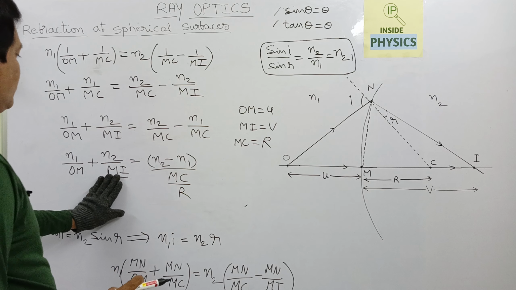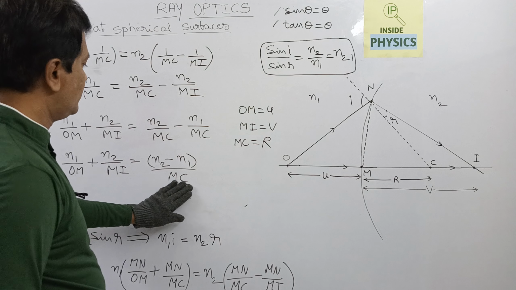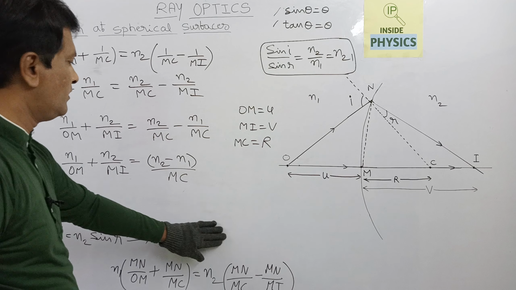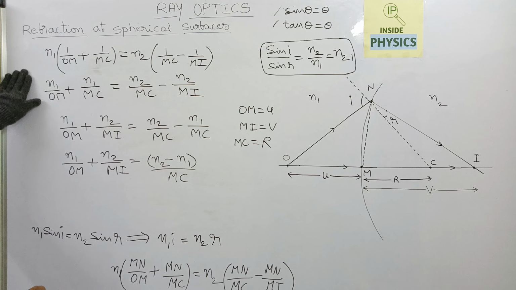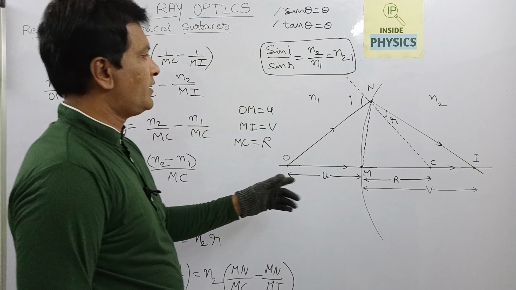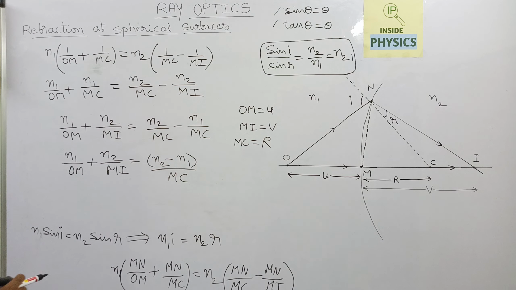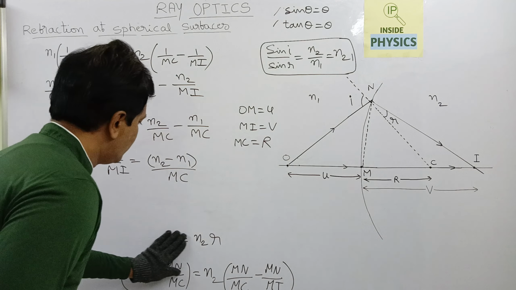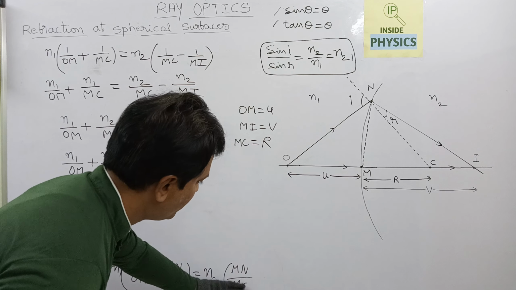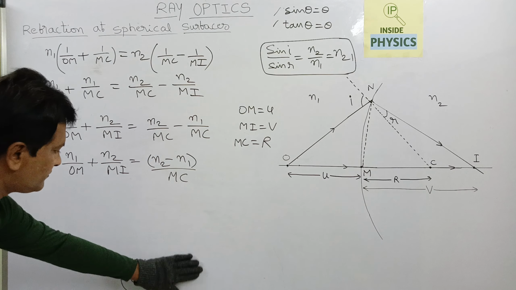Okay. So now this is the relation we have got when we developed a theory for the refraction at curved surfaces. So this equation can be applicable to all curved surfaces.